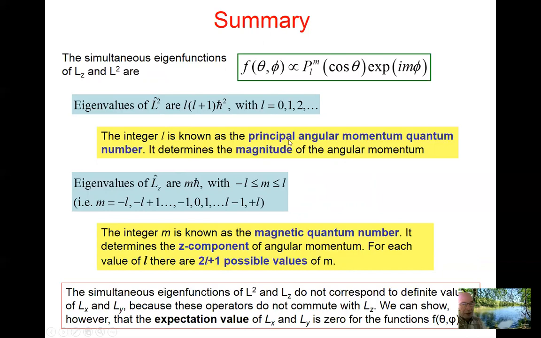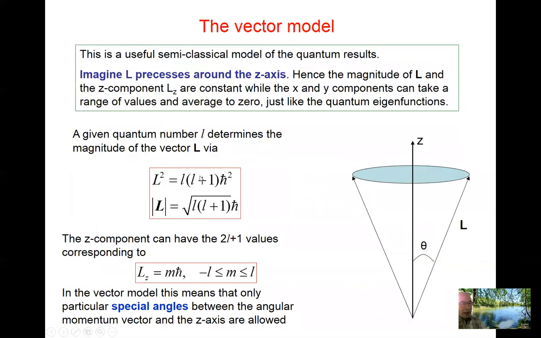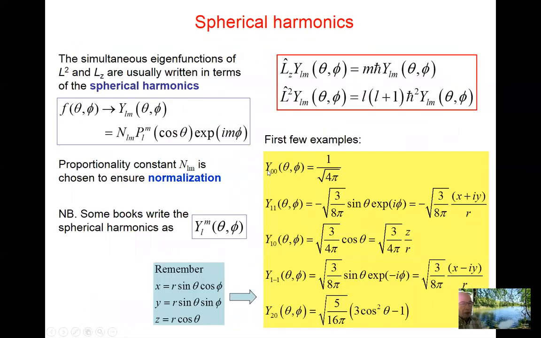And so these are the principal angular momentum quantum number and the magnetic quantum number. We have introduced these quantum numbers, saying that we can look at the vector model, which is a kind of semi-classical representation of angular momentum on a sphere. So you can have a look into that.